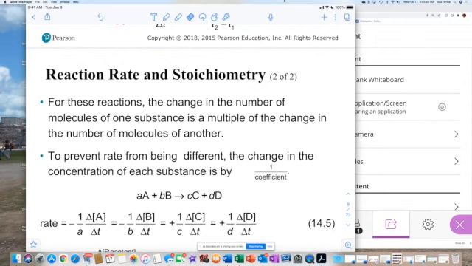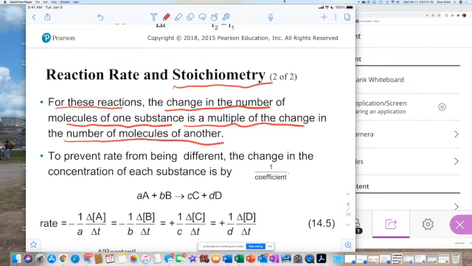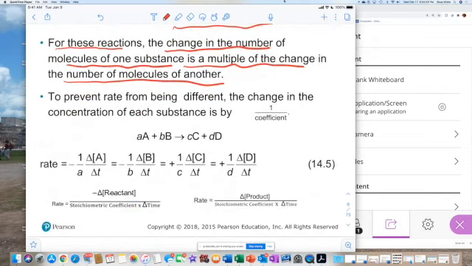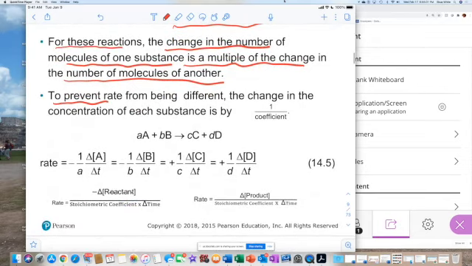Anyways, let's look at the rate of the reaction and the stoichiometry and how it plays out. So we're being told here for these reactions, when you have a reaction where stoichiometry is a factor, the change in the number of molecules of one substance is a multiple of the change in the number of molecules of another substance. So here we're being told stoichiometry does matter to prevent the rate from being different. Wait, what? The rate can be different?